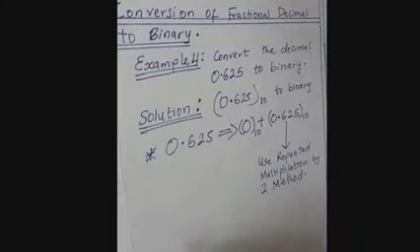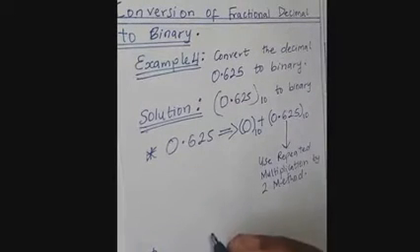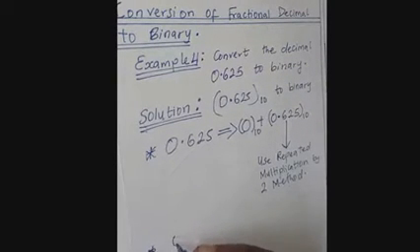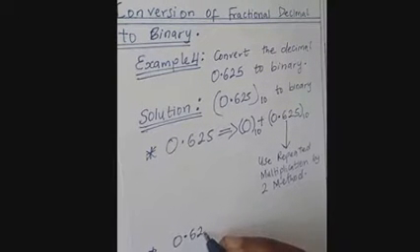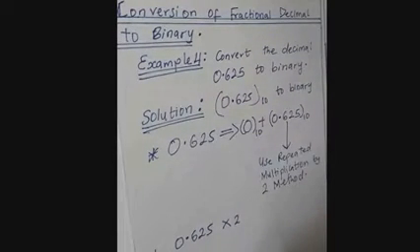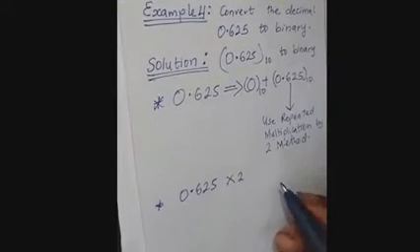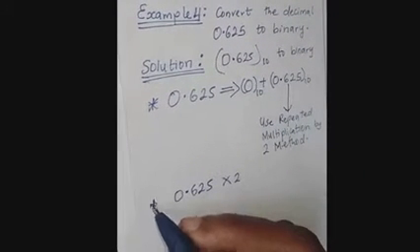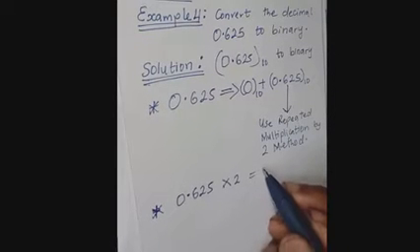This is what I mean. If we bring this out, 0.625 will be multiplied by 2.